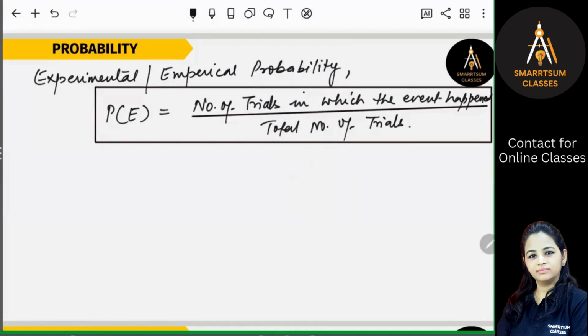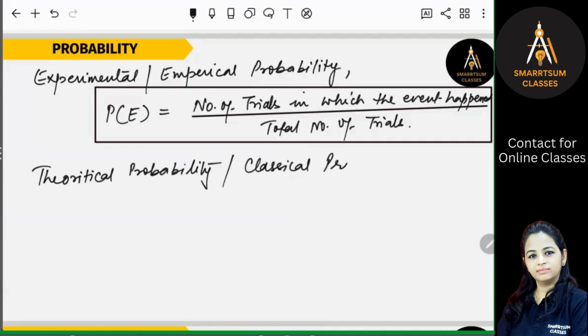Now, what is the theoretical probability? Theoretical probability is also called classical probability.